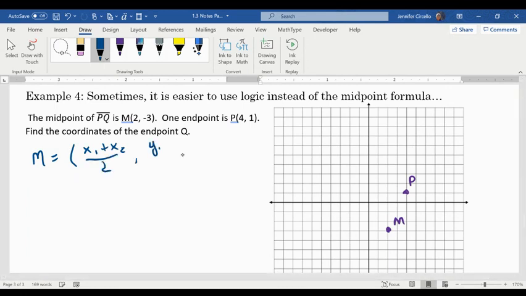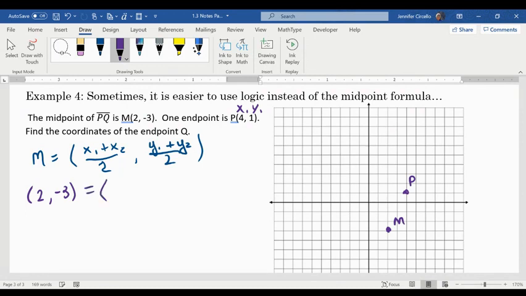And y1 plus. Okay, so the midpoint is the answer. It's going to be what goes in here. But the other endpoint is going to be our x1 and y1. Okay, so we have that the answer should be 2, negative 3.